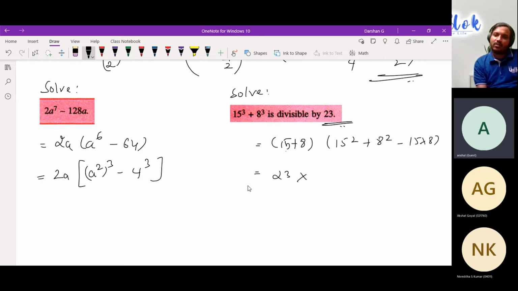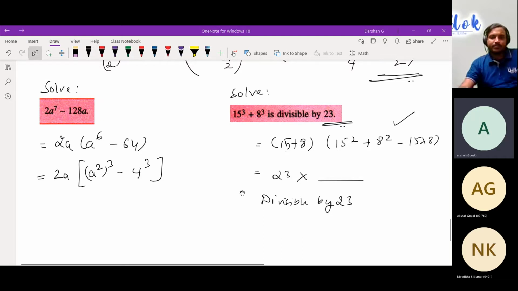So basically I'm not even finding this, whatever the thing is, because I anyways have 23 here. So it is divisible by 23. So if I don't get 23 here, I should have found out this, and I should see if this part is divisible or not. Any doubts with this? No, sir. Okay.